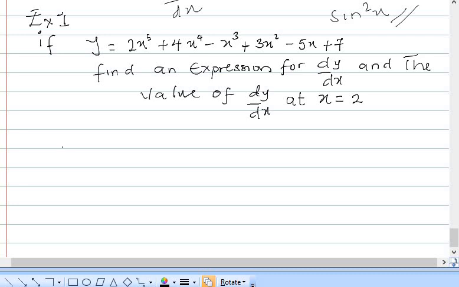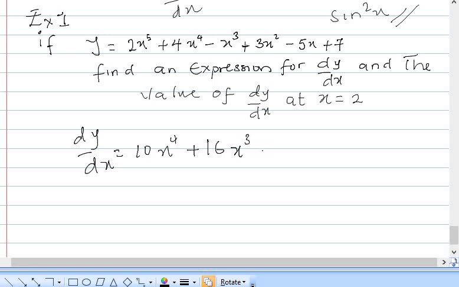So first, all you need to do is differentiate the function. y is given as this, so to find the derivative, dy by dx is equal to: we have x raised to power 5, so multiply by 2, we have 10x raised to power 4, plus 4 is the power and the coefficient is 4, that's 4 times 4, making 16x raised to power 3, 4 minus 1 is 3.